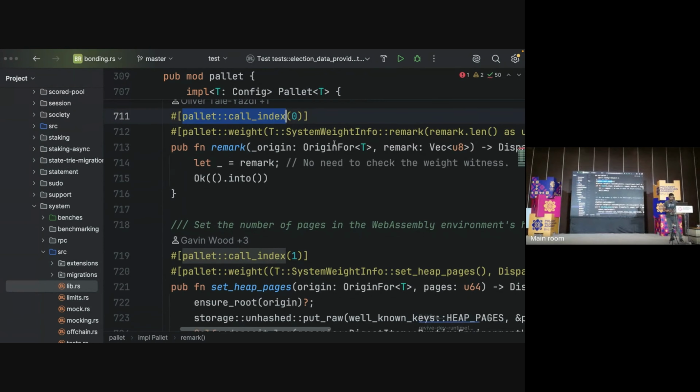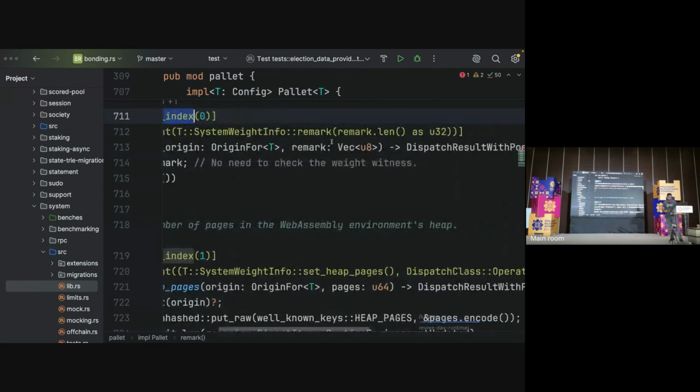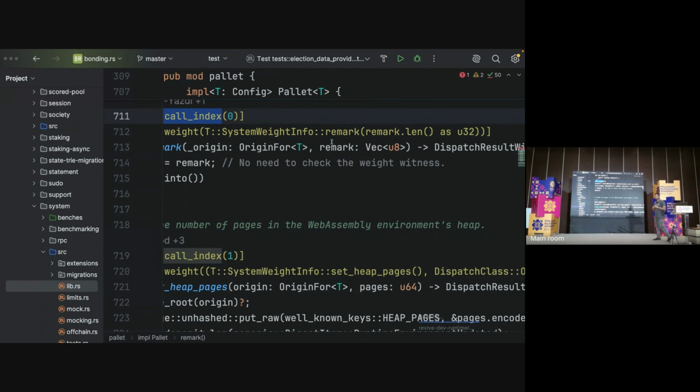Remark allows you to submit just general text to the blockchain. Yeah, it's like free text that you can put on the chain. You're not changing any storage. It's just in the history, some text that you remarked, right?